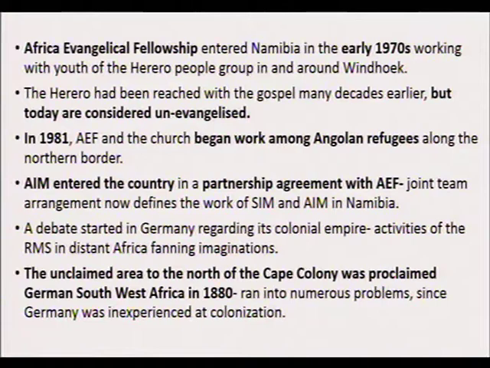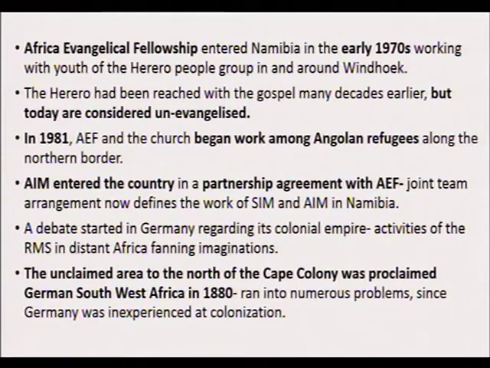The AIM entered the country and formed a partnership with the AEF. Now they were a joint team to define the work of the SIM and the AIM in Namibia. A debate started in Germany regarding its colonial empire and the activities of the RMS in distant Africa, fanning imaginations.